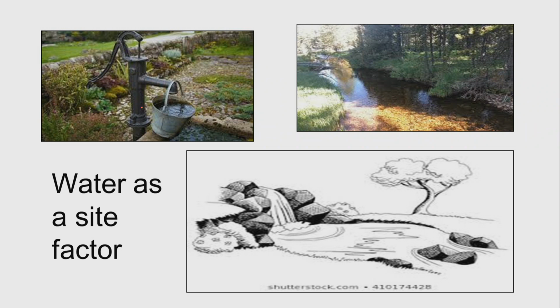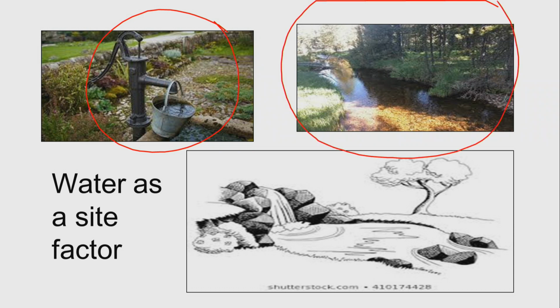If you look here, water is seen as a site factor, and on these three pictures at the top here is a traditional water fountain, a tap, and people would often have chosen to live near a water source. In this picture on the top right-hand side of the slide is a river, and for those of you living in some of the more rural areas of South Africa, you will often find towns that from their name you can pick up the site reason that they had for settling there.